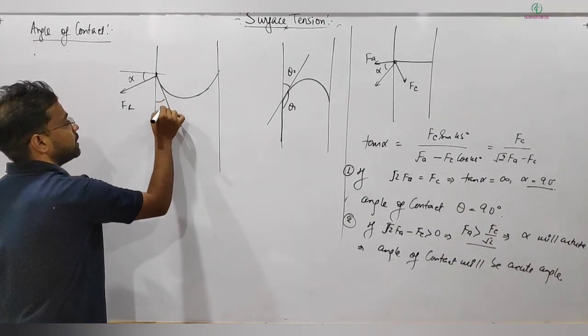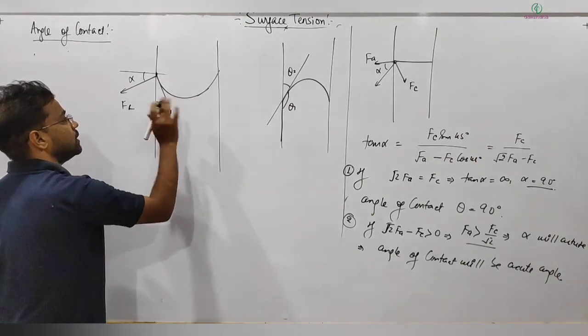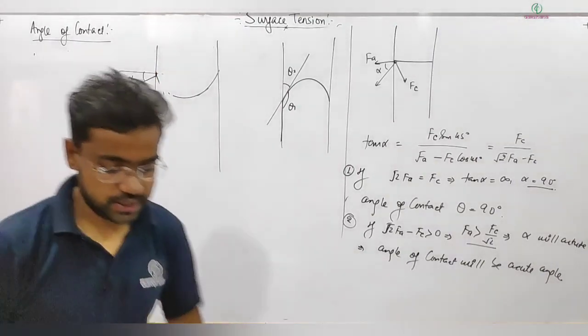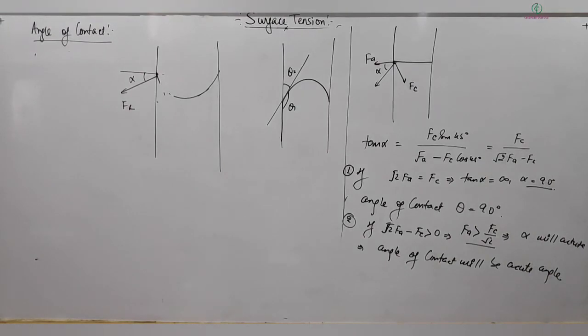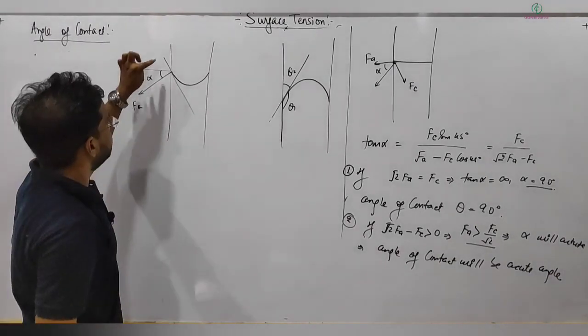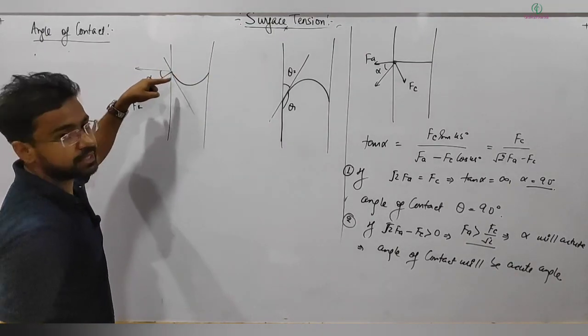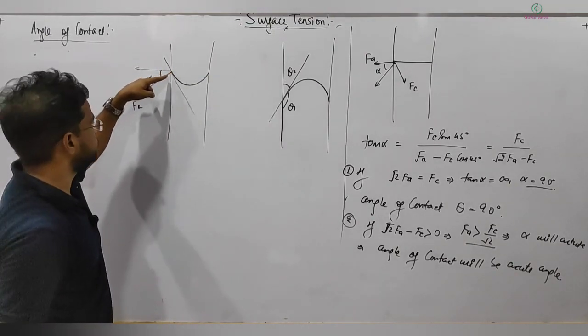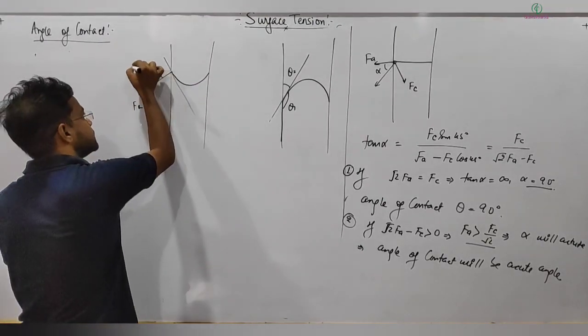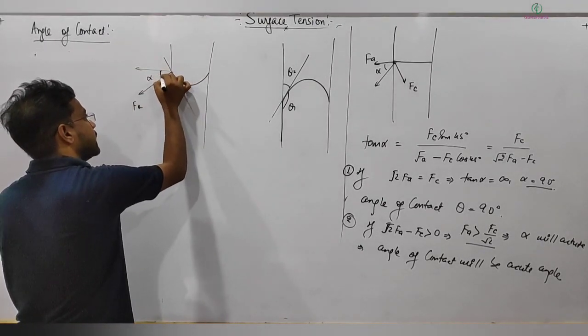This will be at 45 degree. Just 1 second, let me draw the diagram properly. Okay, see, this is the situation actually here. So this is the net concave surface, and in this concave upward, resultant force will be in this direction. This will be your angle alpha.